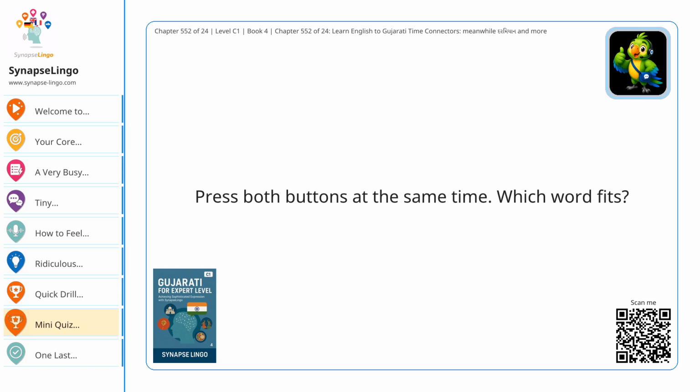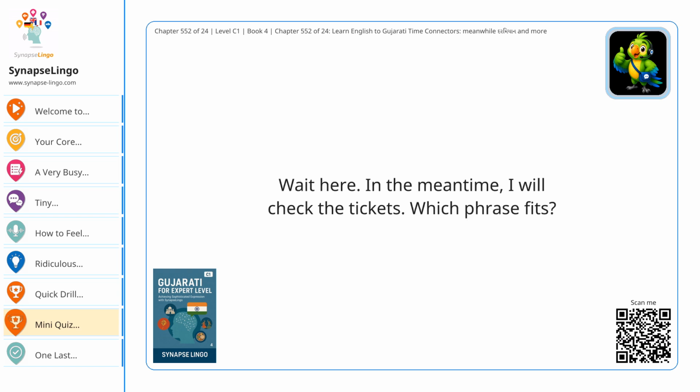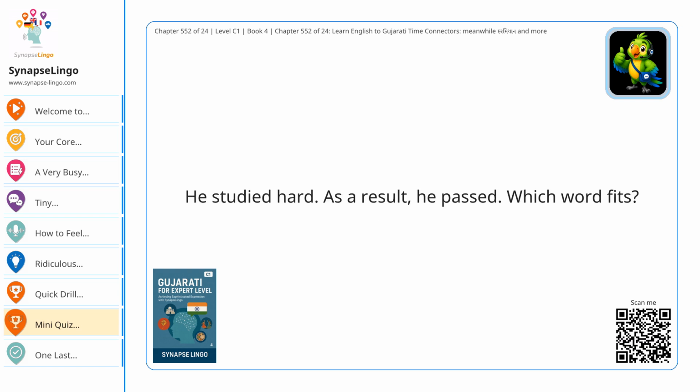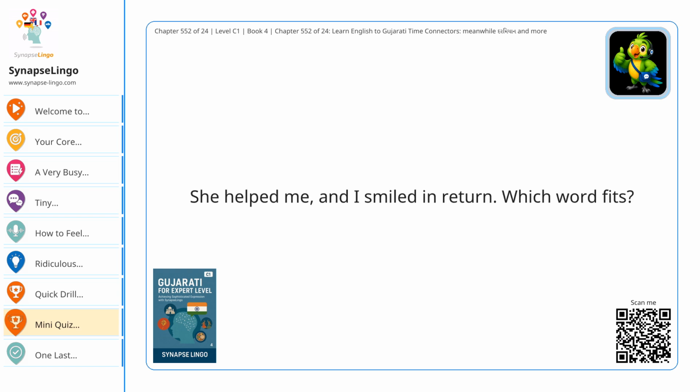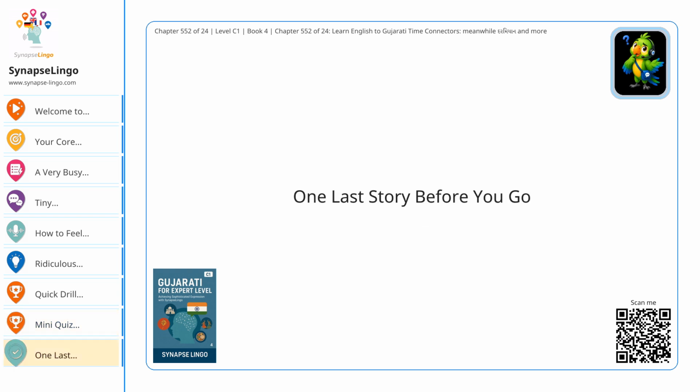Which word fits? એક સાથે. Wait here. In the meantime, I will check the tickets. Which phrase fits? આ દરમિયાન. He studied hard. As a result, he passed. Which word fits? પરિણામે. She helped me, and I smiled in return. Which word fits? બદલામાં.